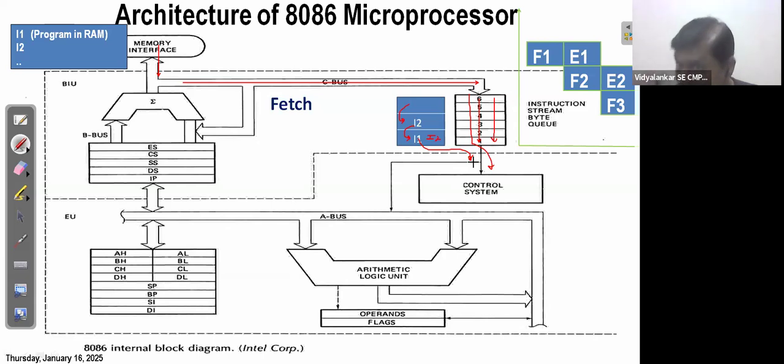When you see your next processor 80386DX, or when you see your next processor that is Pentium, उसमें भी ये क्यू है, सिर्फ उसका साइज अलग है. 8086 में 6 बाइट का है, 80386 में या पेंटियम में इसका साइज थोड़ा बड़ा है, लेकिन same concept is there. तो ऐसा नहीं है कि Pentium is something like rocket science. Everything starts from 8086.